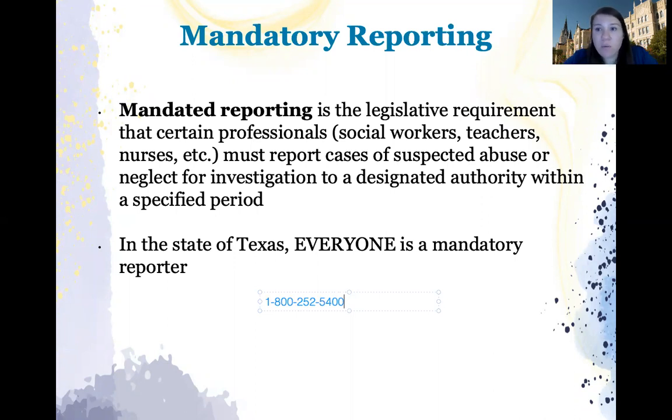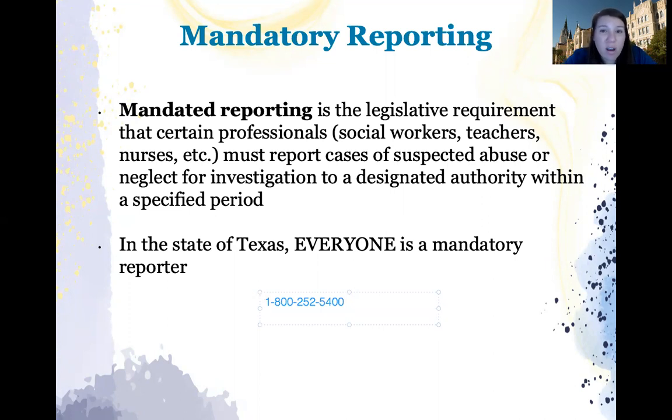You can also make reports online as well. It's kind of a toss-up. I tell students that if the child is in immediate danger, call. If it's something that has happened in the past, or something that you have found that they're in a safe environment currently, you could make a report online.